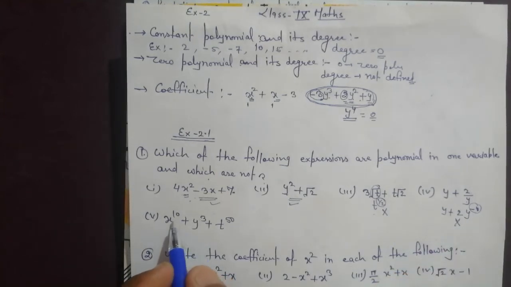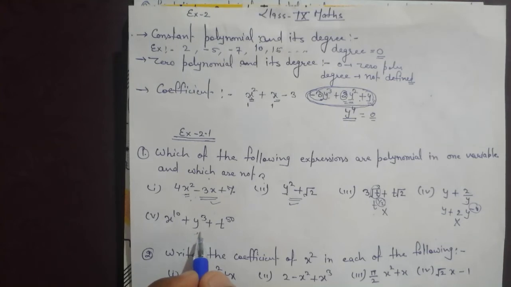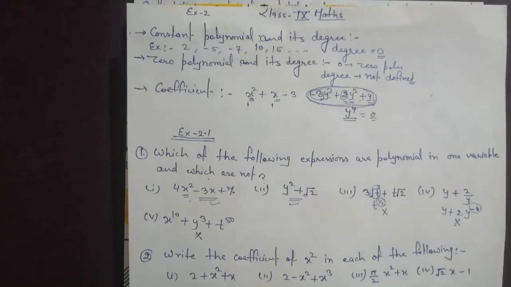And the last part, x power 10 plus y power 3 plus t power 50. In this we have 3 variables, so this is not a polynomial in one variable. This is a polynomial but not in one variable. So we will write our answer in this form.